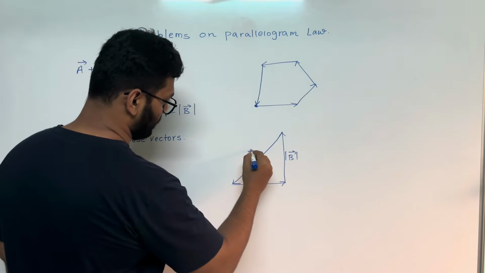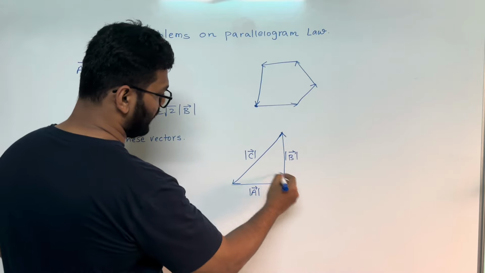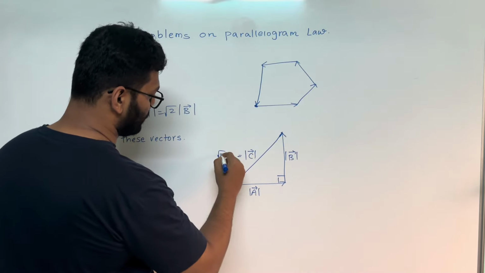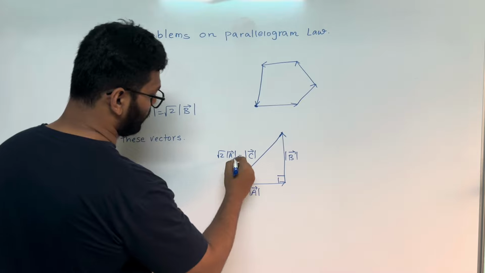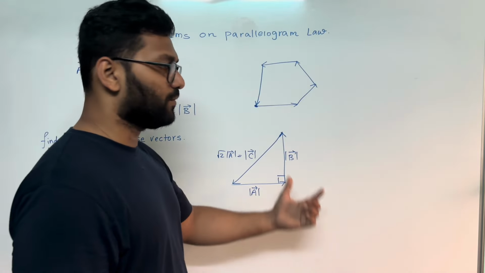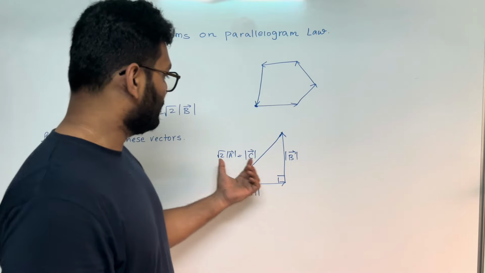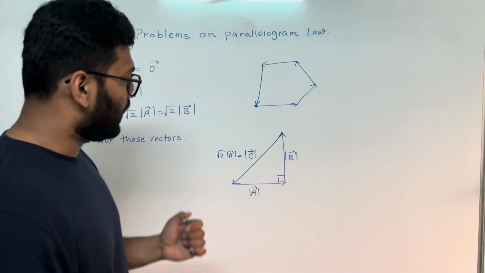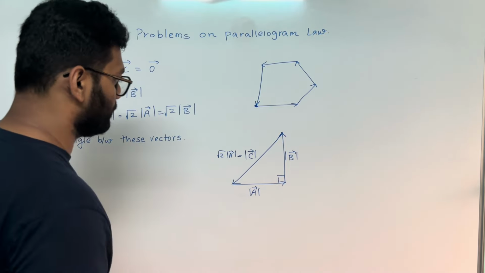This has magnitude c bar mod. If these are equal and this is 90, then this is going to be root 2 times a bar mod because of the Pythagoras theorem. Square root of a square plus a square is root 2 a, right? So that is what is happening here. I can see this is the scenario, right?